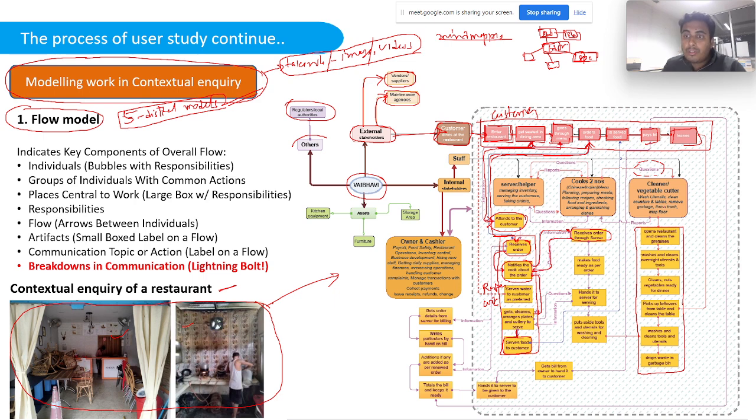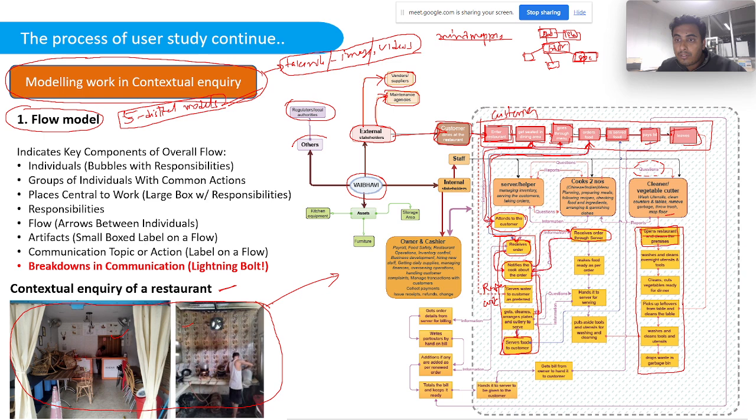So his job is to only wash utensils, clean counter tables, remove garbage, and keep the space clean. And he opens. So basically here, what we identified is that the cleaner himself is the person who opens the restaurant and cleans the premises.